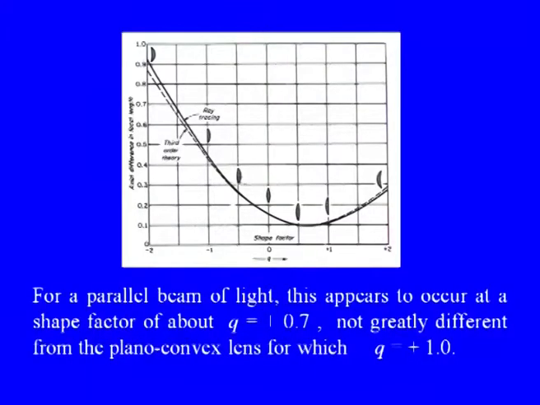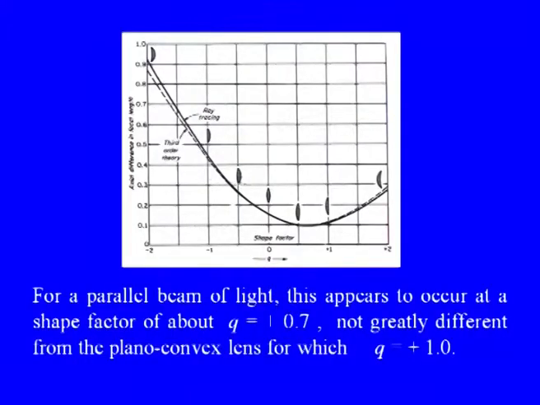Remember we have seen for the shape factor of 0.5, this is again the same thing we are showing. On the vertical axis is the spherical aberration and the shape factor is on the horizontal axis; at the point close to 0.5 is the minimum of this curve.